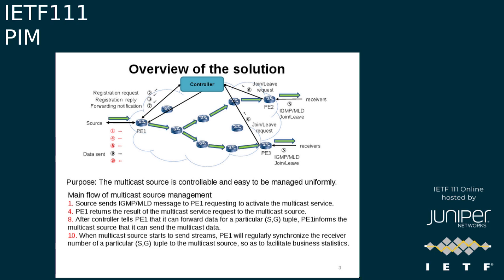We specify some new messages to extend IGMP version 3 and MLD version 2 for exchanging source registration information and data transmission control information between sources and routers. In this way, the transmission of multicast source data can be effectively controlled, enhancing the security and controllability of the multicast service.